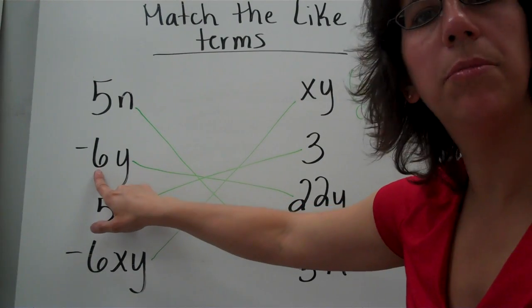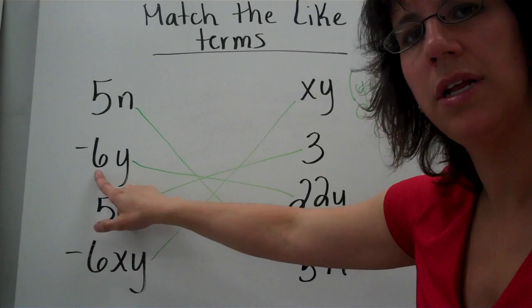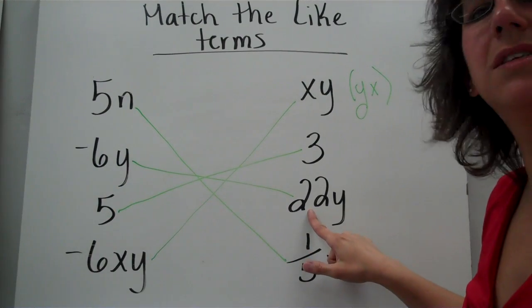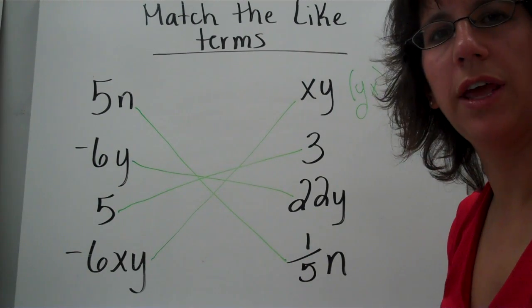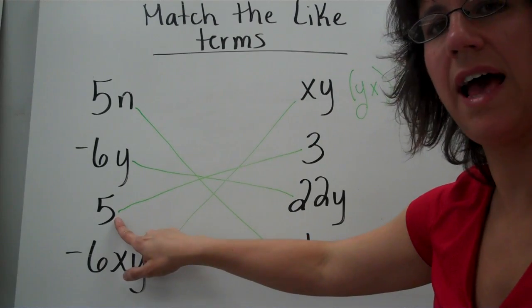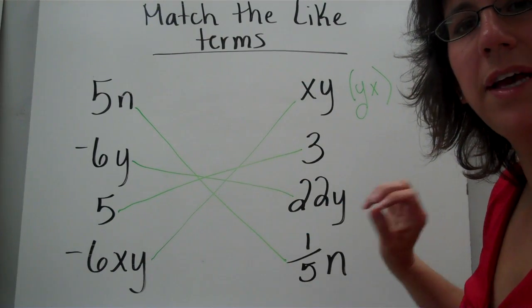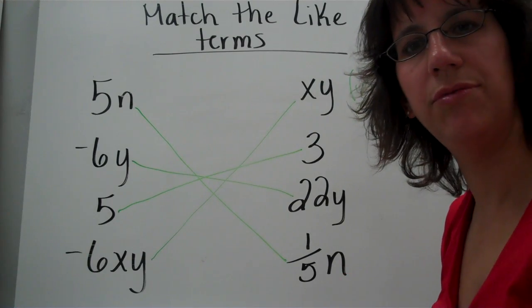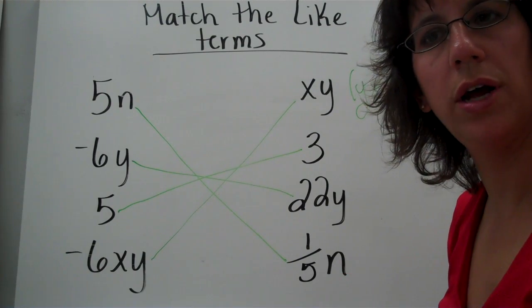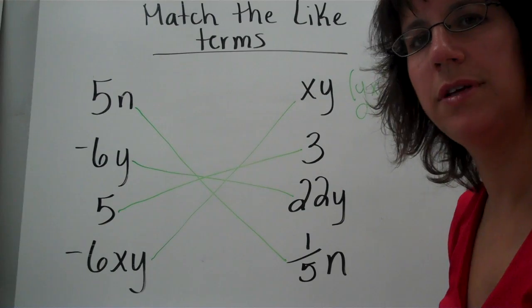Also notice the number in front, it's called a coefficient. That number in front doesn't have to be the same. It's just the letter that we're looking for. This one doesn't have a letter, so that matches up with one that doesn't have a letter. Make sure you look for the letters, whether or not they have one. If they have more than one, then you're looking for more than one variable as its partner.